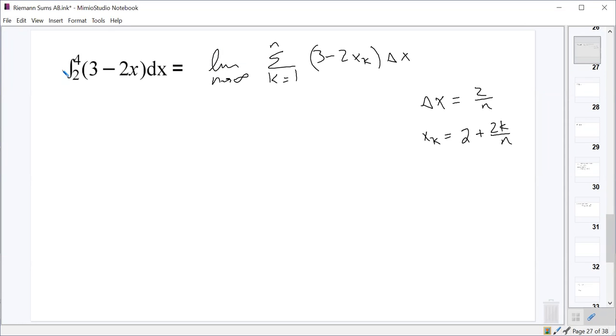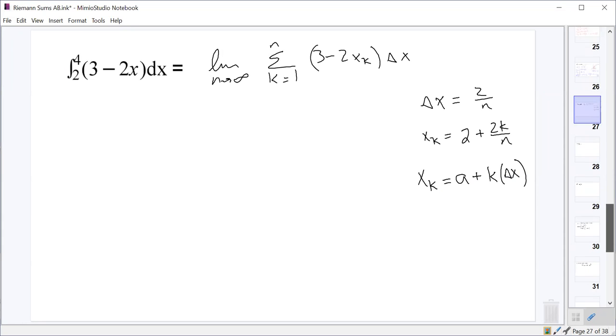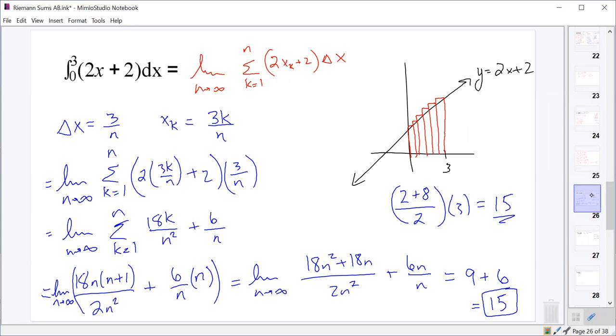And I'm going to give you this formula right now. You'll probably note that this is true from everything we've done so far. X sub k is always equal to a plus k times delta x. So if we go back and look at all of them that we've done real quickly, right here x sub k was 3k over n, which was a 0 plus k delta x, right? K times 3 over n.